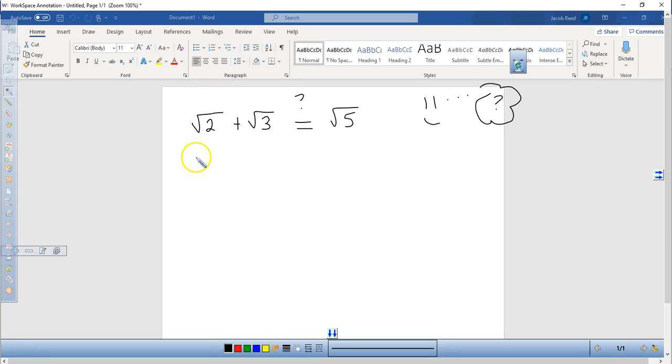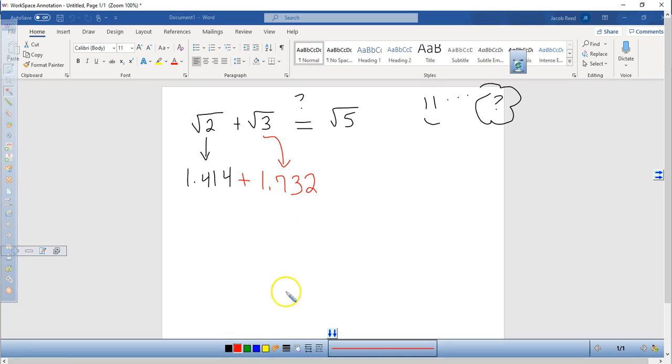Well, let's think about it in a more numerical sense. What is the square root of 2? If you type it into your calculator, you come out with 1.414. Okay, what about the square root of 3? The square root of 3 is 1.732. This is, of course, approximations.